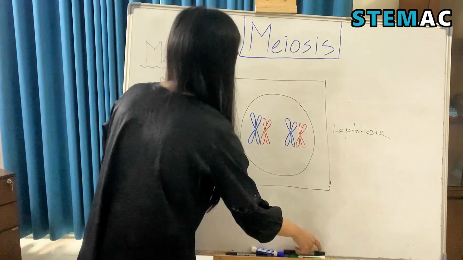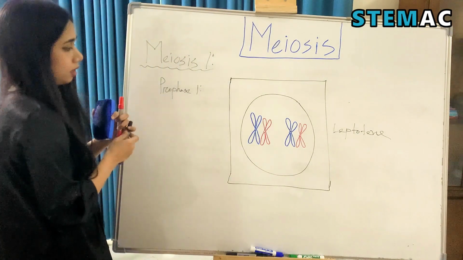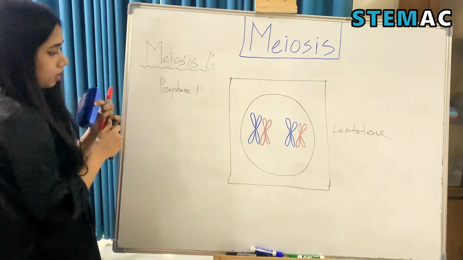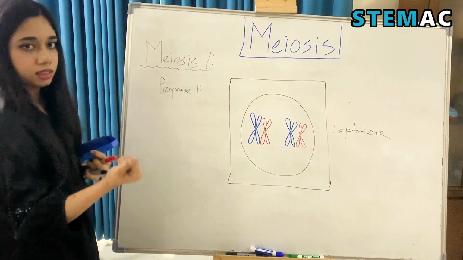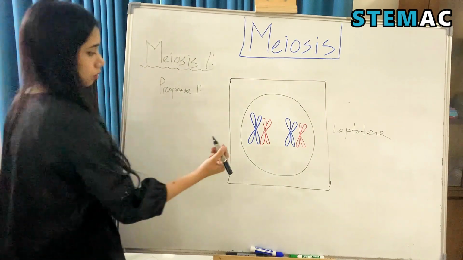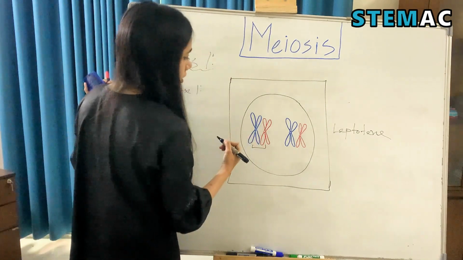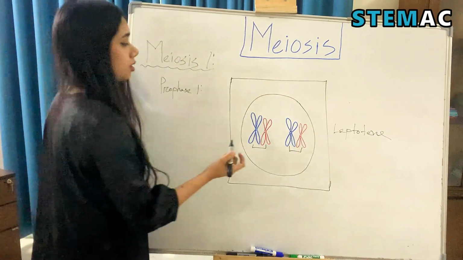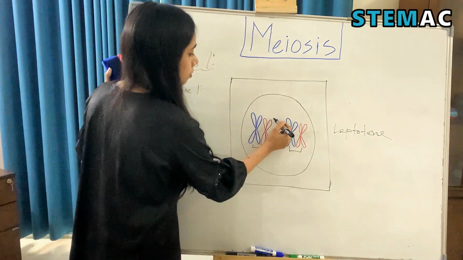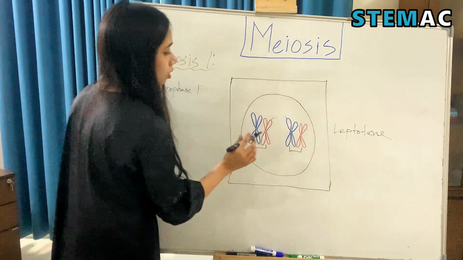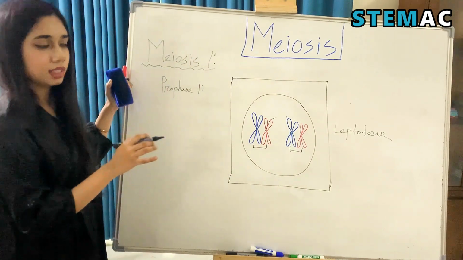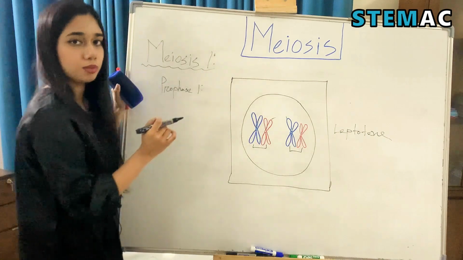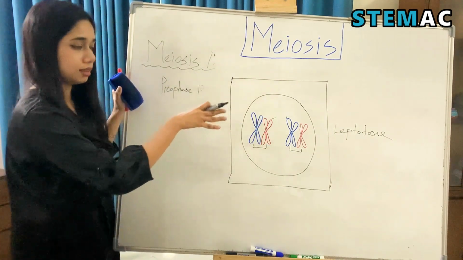So this is a homologous chromosome pair, right? There are two pairs of homologous chromosomes. This is one homologous pair and this is another homologous pair. Now note that these two chromosomes are not homologous. They are heterologous chromosomes because they are not within the same pair.